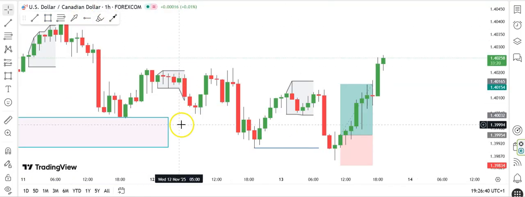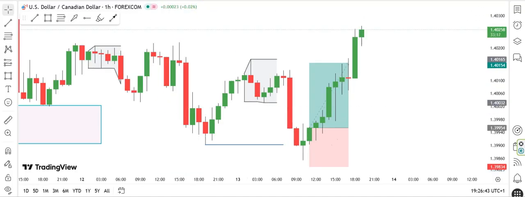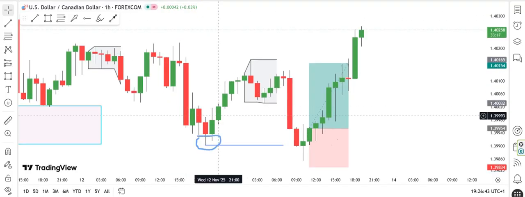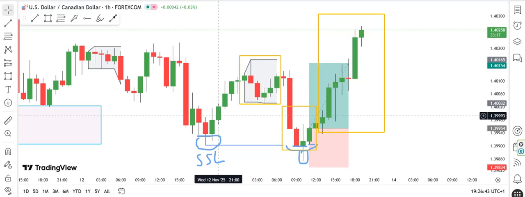And on the 1-hourly, we also noticed that once this higher time frame sell side liquidity was taken, we had a nice respect of price. On the next candle we had a nice spike just for confirmation, and the market also created another hard swing point here. So our idea was to look for that reversal. Our trading model is that we are looking for the accumulation, manipulation, distribution phase.